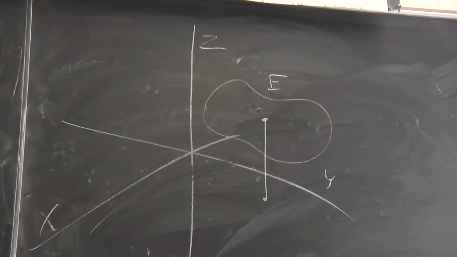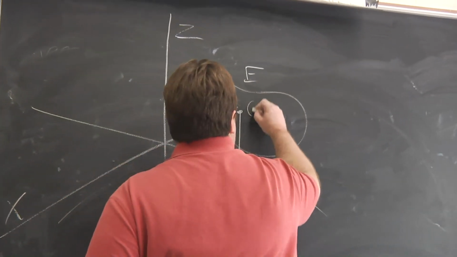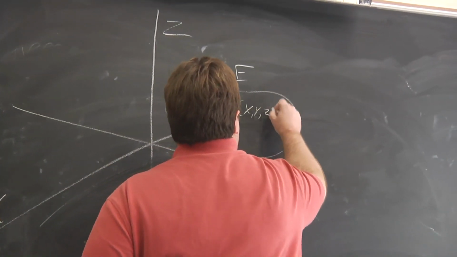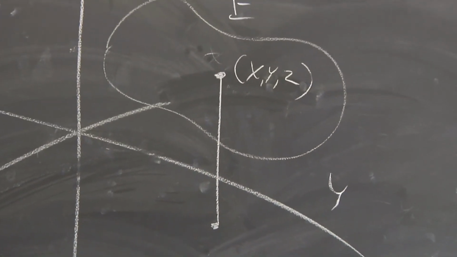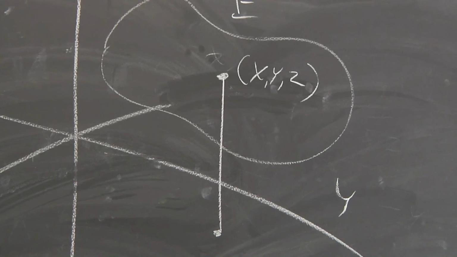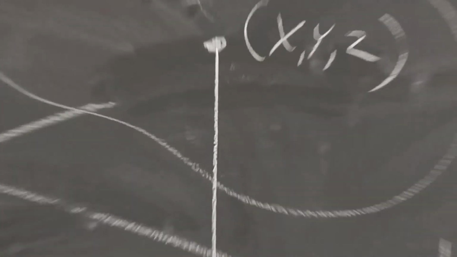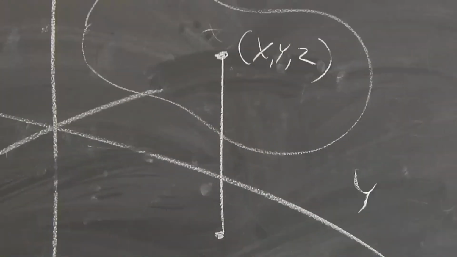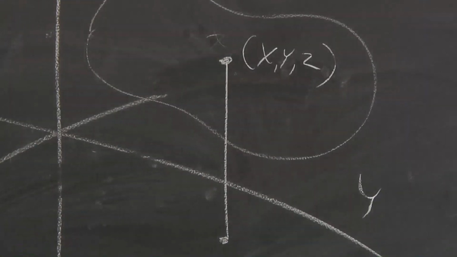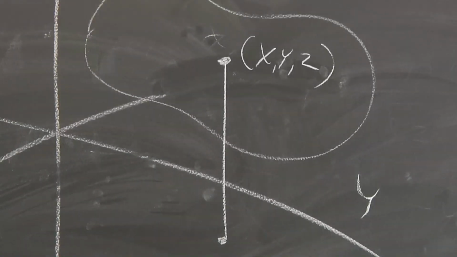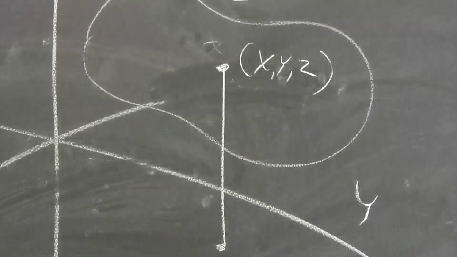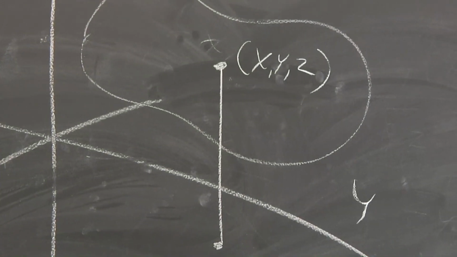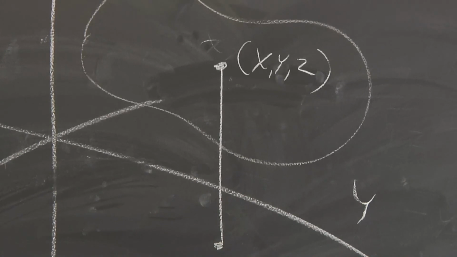If I have any point in this object, x, y, z, what's the distance from that point to the xy plane? Would it just be z? Yeah, it's z.